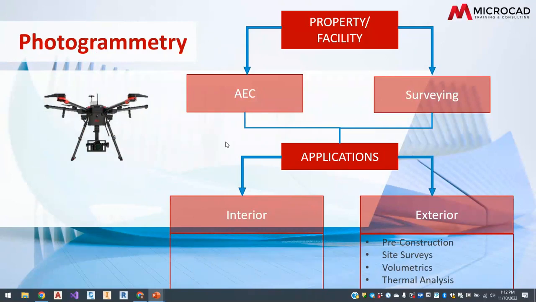It also comes in handy for volumetrics, so landfills or aggregate companies selling soil and materials that are moving a lot of things around the site. We can actually do daily inspection and do daily comparisons for volumetrics.